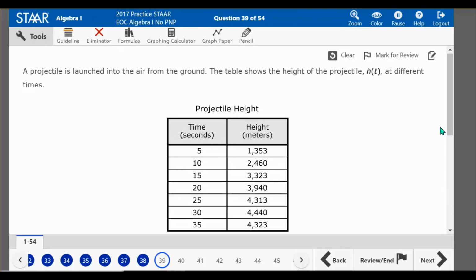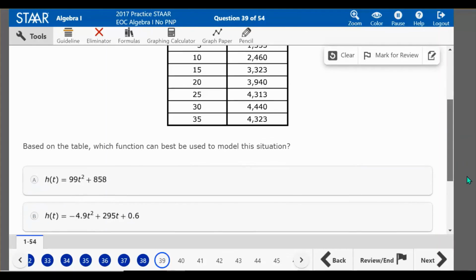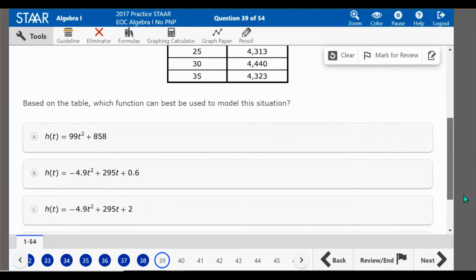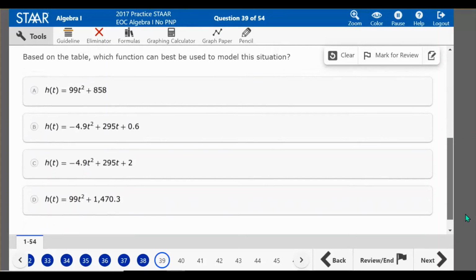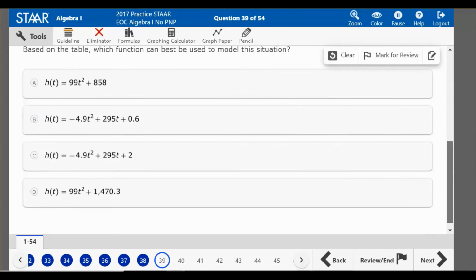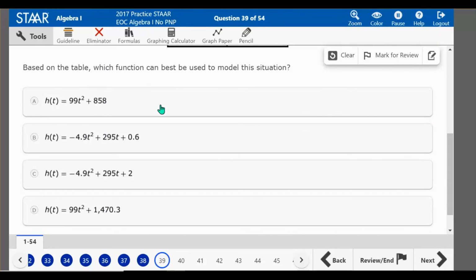Number 39. I'll probably stop at 40 for today. A projectile is launched into the air from the ground. The table shows the height of the projectile, h(t), at different times. Based on the table, which function can best be used to model the situation? If we look at this answer choice right here, we know that this is a quadratic function because of this squared.